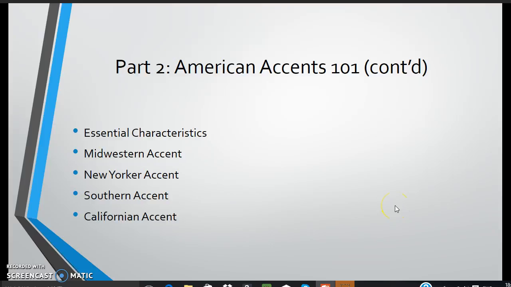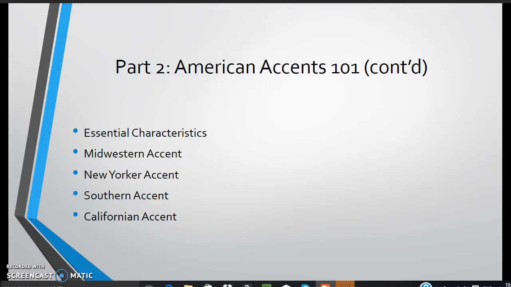Also, we have the next characteristic. The long A in certain words is pronounced back and sometimes rounded. We have the word father, for instance. In the Midwestern accent, it would be pronounced as father, but in the New York accent, we would use father, father.